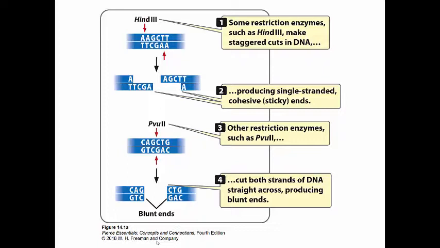It's also a lot harder to join pieces of DNA to these blunt ends. So if the purpose is to make recombinant DNA, or to join a gene into this piece of DNA that comes from another organism, typically the enzymes that produce the sticky ends are preferred.